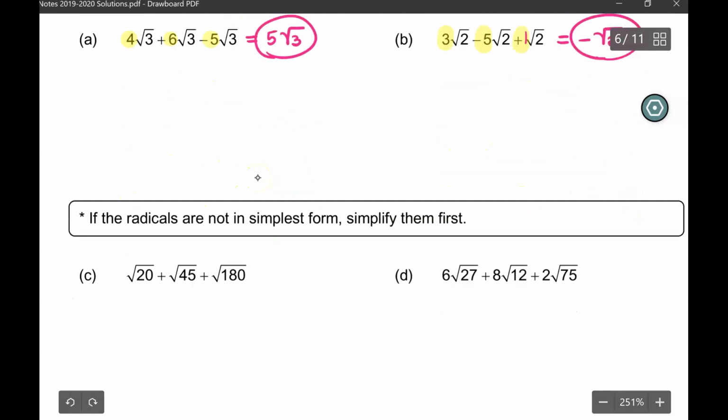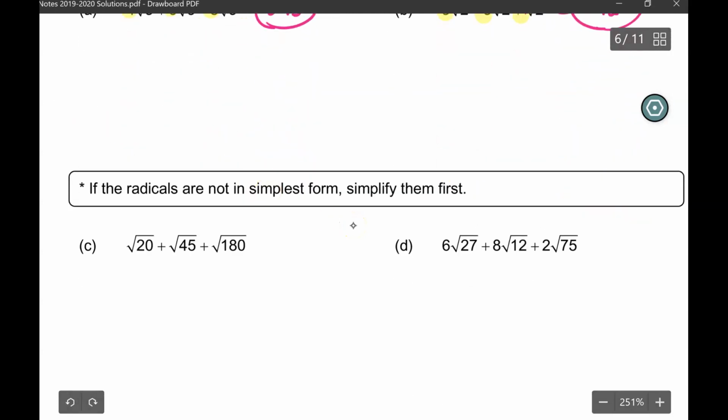Now, when we're simplifying these, right, if their radicals are not in simplest form, we're going to simplify them first. So take a look at C. We have square root of 20 plus square root of 45 plus square root of 180.